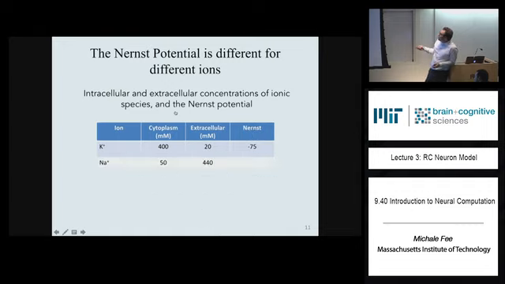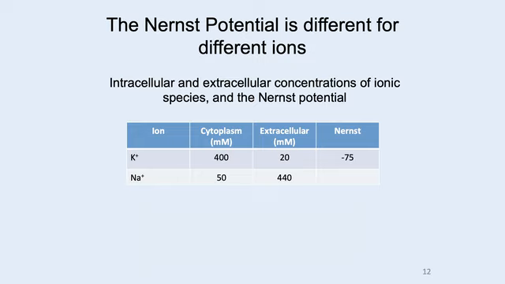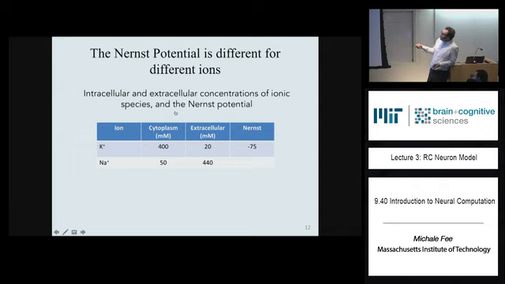Okay, so let's now look at a different ion, sodium. So sodium has a very low concentration inside of a cell compared to outside. That ratio is about a factor of 10. The natural log of 10 is about 2 log units, right?